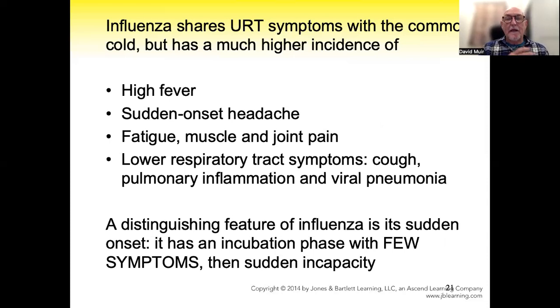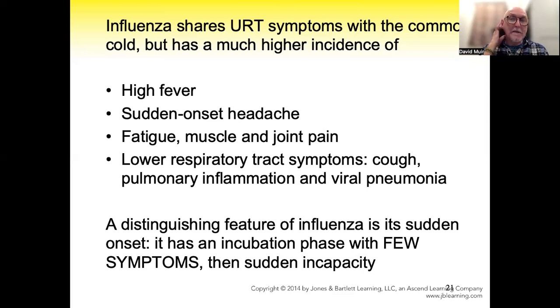So it shares those upper respiratory tract signs and symptoms with the common cold. But again, it has much higher incidence of fever, sudden onset of headache, often quite severe fatigue, muscle, and joint pain. And then most dangerously, in terms of its immediate symptomology, lower respiratory tract symptoms of cough, inflammation of the lungs, and then viral pneumonia, and then predisposition to severe bacterial pneumonias as well.